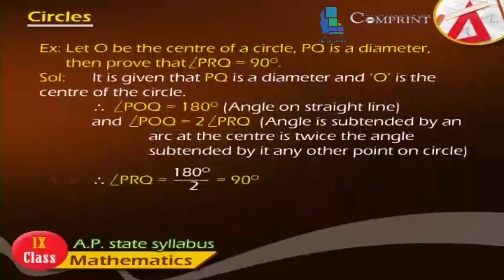Therefore, angle POQ is equal to 180 degrees, angle on a straight line, and angle POQ is equal to 2 into angle PRQ. The angle subtended by an arc at the center is twice the angle subtended by it at any other point on the circle. Therefore, angle PRQ is equal to 180 degrees by 2, equal to 90 degrees.